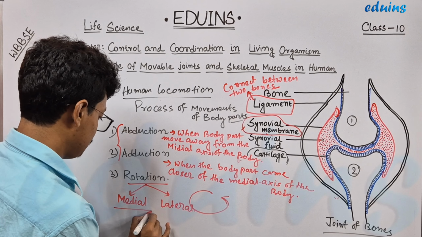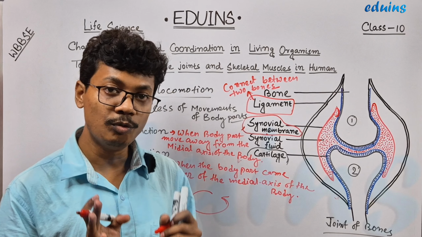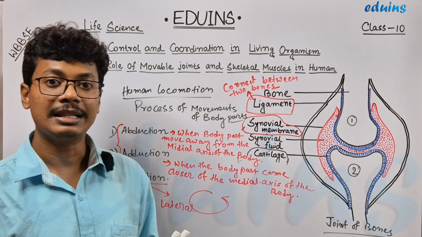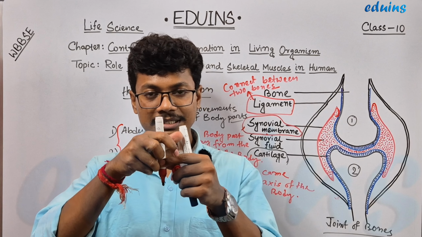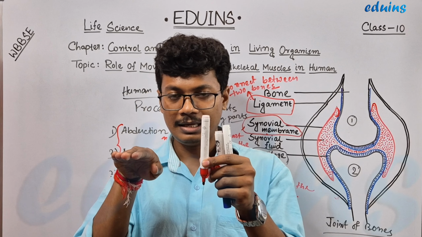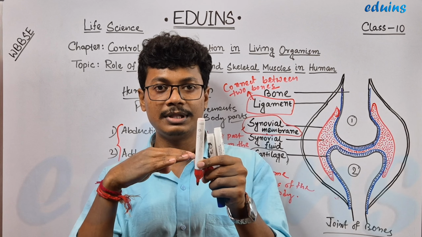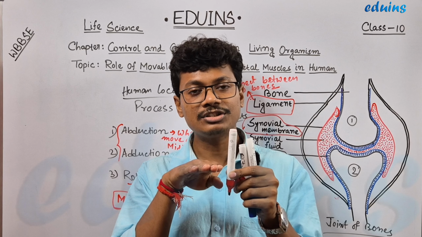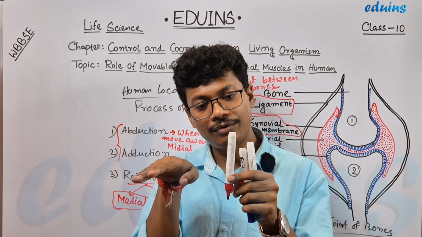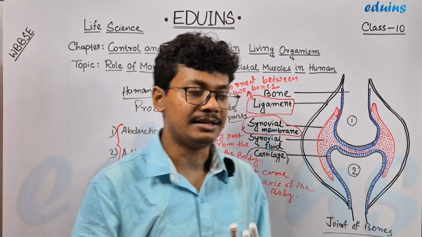Medial rotation is the process of the movement of the body parts towards the body axis. If this is the body axis, if the organ moves to this direction, this will be the medial, and when the parts of the body move away from the axis of the body, it will be the lateral.